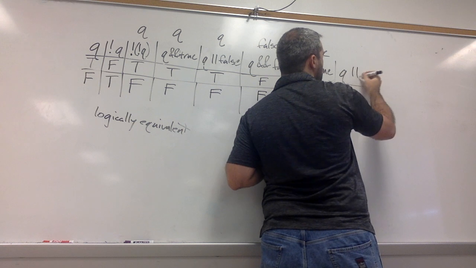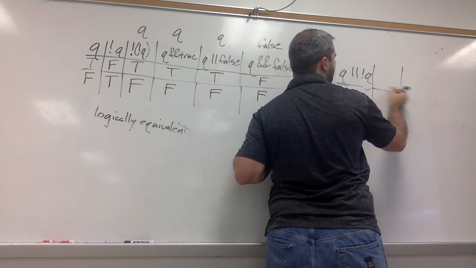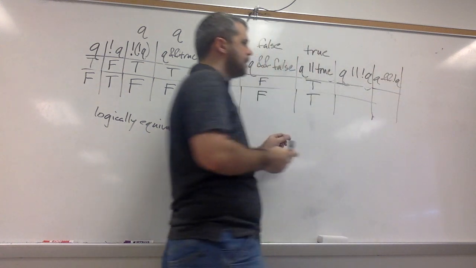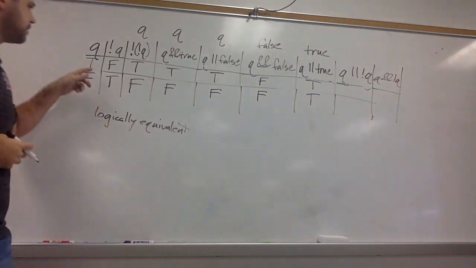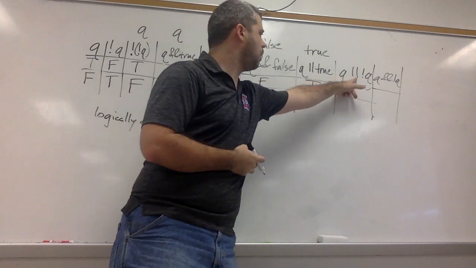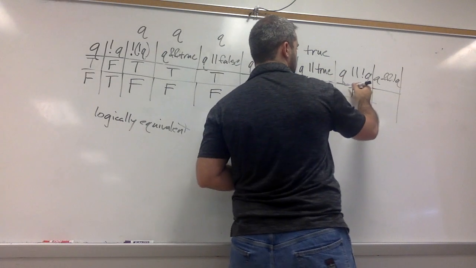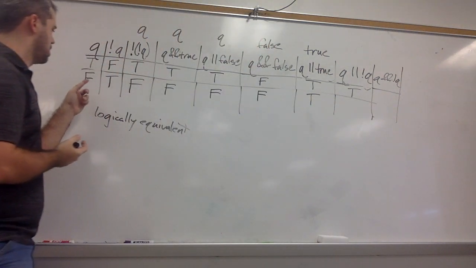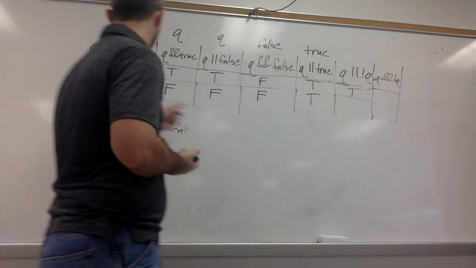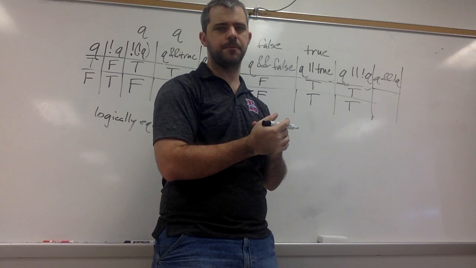So let's look at Q or not Q. And then after that, we'll look at Q and not Q. So true or false will give us true. False or true will give us true.